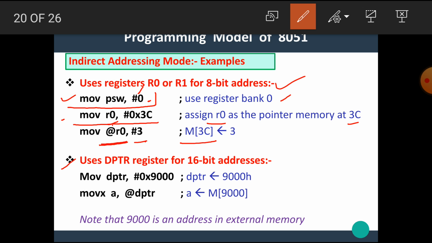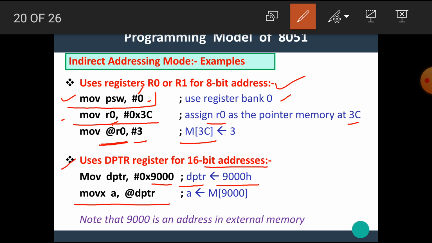Similarly, we can use the DPTR register for a 16-bit address, such as MOV DPTR, #0x9000. That means DPTR is used as a pointer for the memory location 9000H. Now MOVX A, @DPTR.